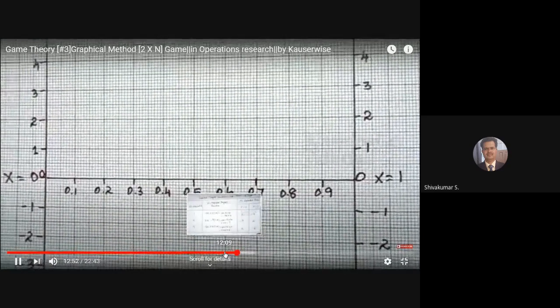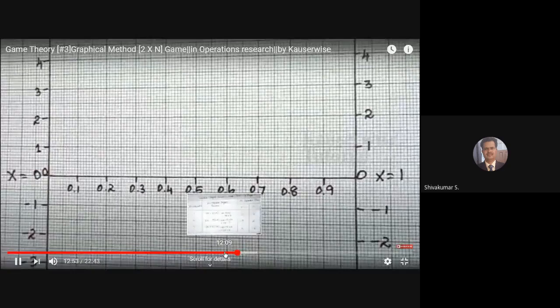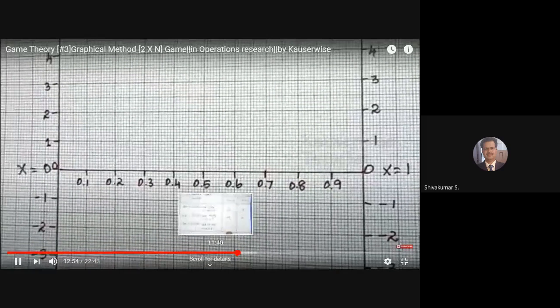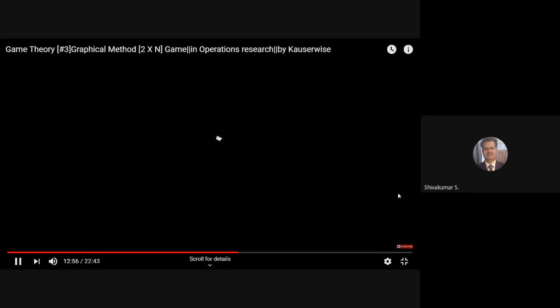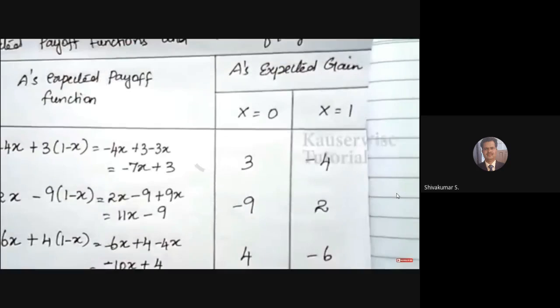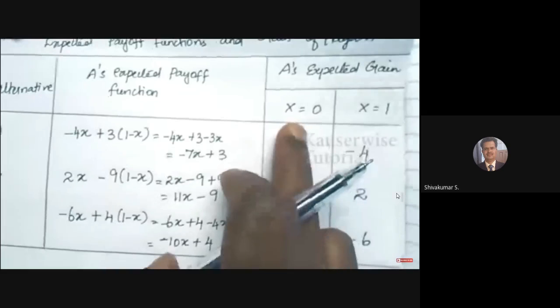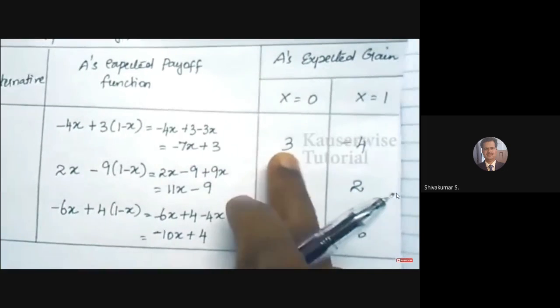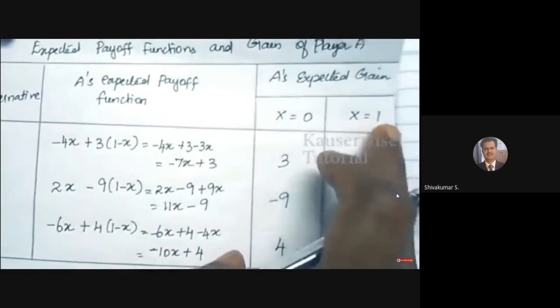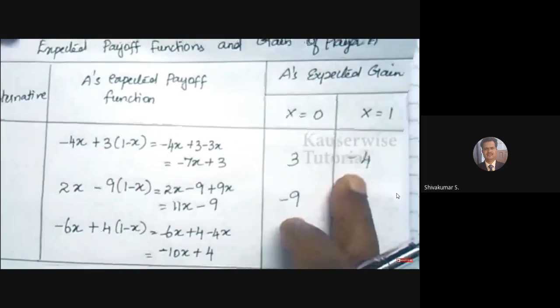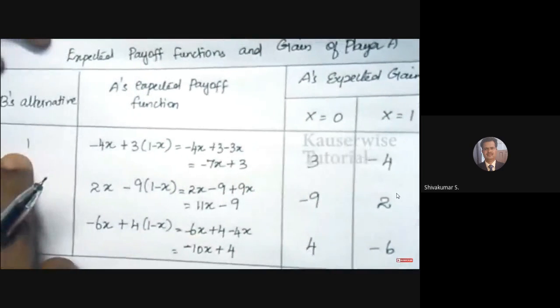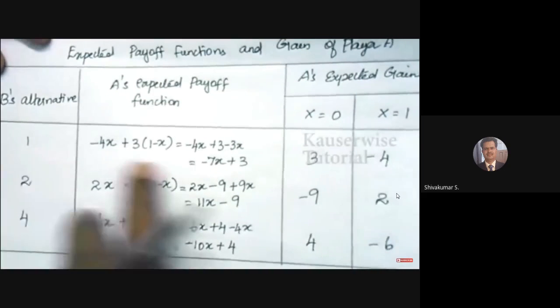Now let us see the lines. Look at the table. A's expected gain when x is equal to 0: what is the value? 3. When x is equal to 1, the gain is minus 4. So this is the first alternative. In order to draw the line, just take these values.